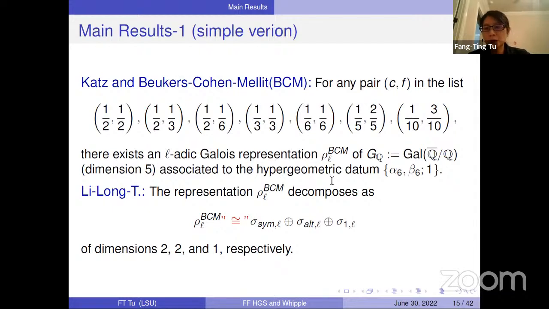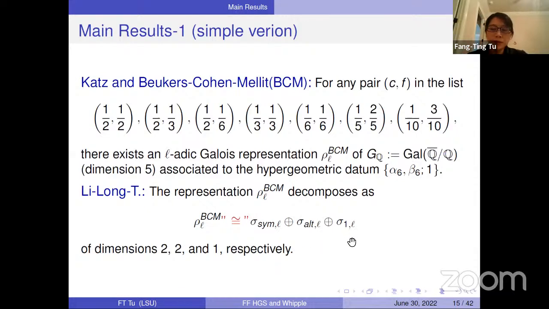for the given hypergeometric data coming from the 6F5, there is an associated Galois representation which can be extended to G_Q, and it has dimension 5. In this joint work, we use the identities between hypergeometric values to further decompose the representation into 3 pieces: dimension 2, dimension 2, and dimension 1.